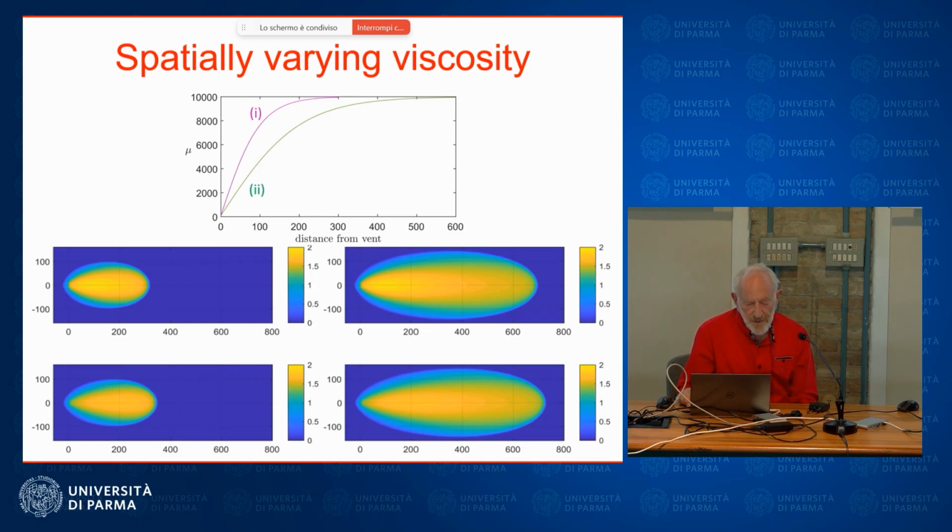Then there's the question of what about if it spatially varies rather than temporally varies. And here you see from a vent it can either be constant or it can increase over 200 meters from the vent. And again, there's not much difference.